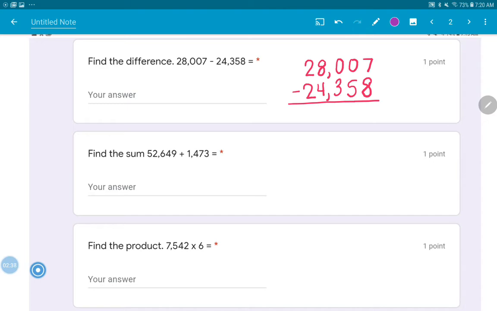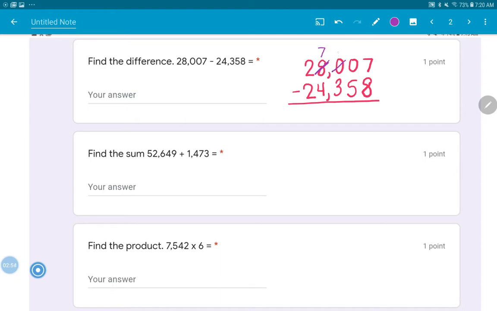So I'm going to go to my next larger place value, exchange them, but I don't have any 10s, so I have to keep moving over. There's no hundreds either. I have to go all the way to the thousands. I'm going to take one of those thousands.